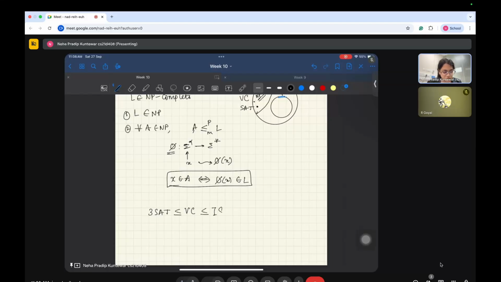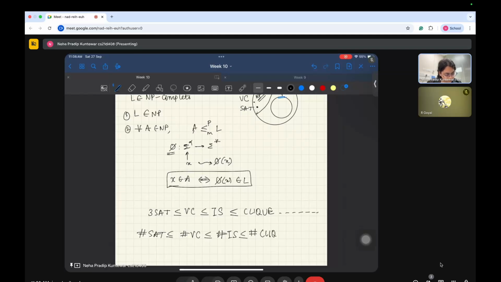We have vertex cover to independent set to clique, and so on. We have many of them. Turns out that similar to the fact that sharp SAT is sharp P complete, we also have sharp vertex cover is sharp P complete, sharp independent set, and so on.